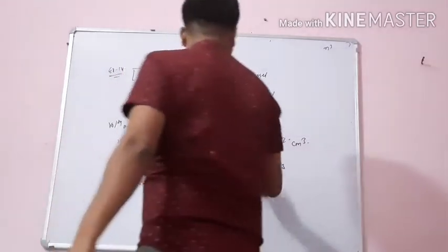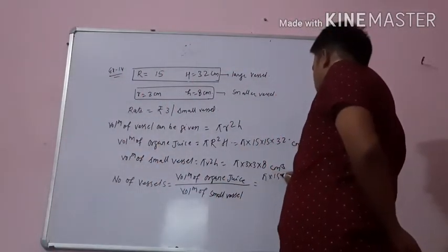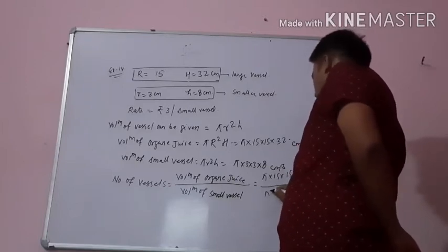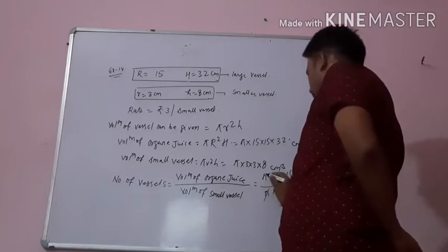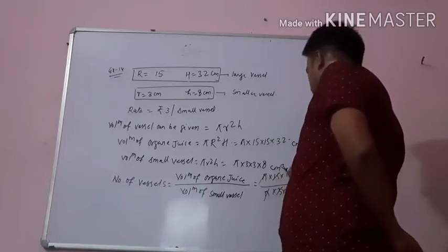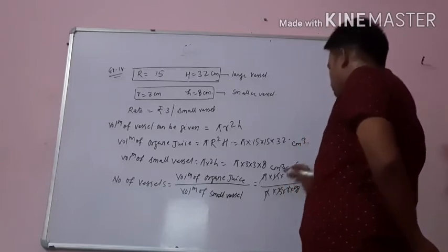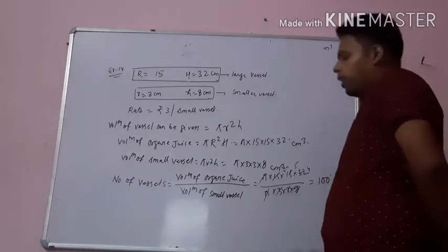Now pi multiplied by 15 multiplied by 15 multiplied by 32 upon pi multiplied by 3 into 3 multiplied by 8. Pi cancels out. 5 4s are 20, 5 5s are 25, 4. So total vessels will be 100.